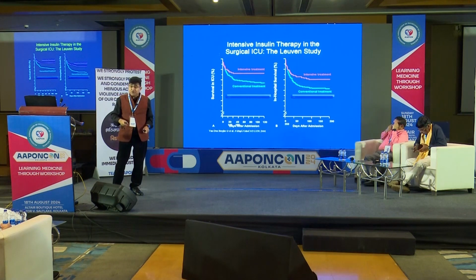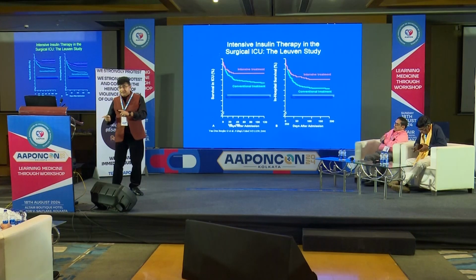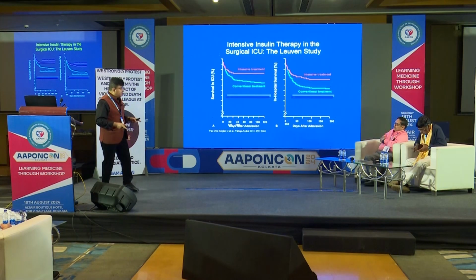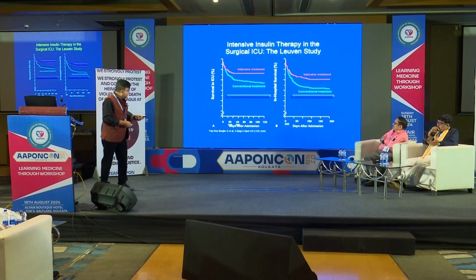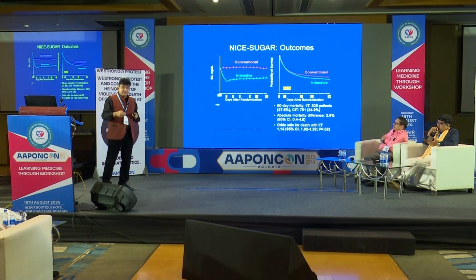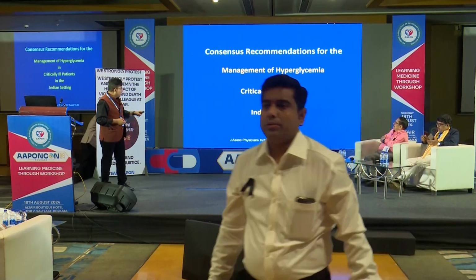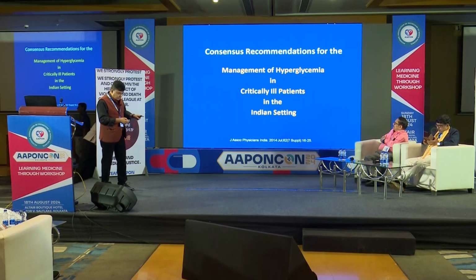These were all protocol driven, done by the paramedics, sisters, and intensive care technicians. So there also the outcomes were better. The NICE-SUGAR outcome also, compared to conventional intensive control, was better. So protocol driven treatment has taken a place in our current practice now, and we should follow that. That's the important point I want to highlight.